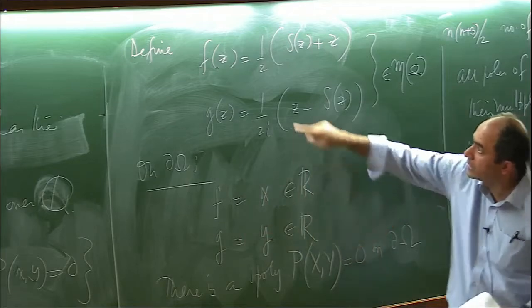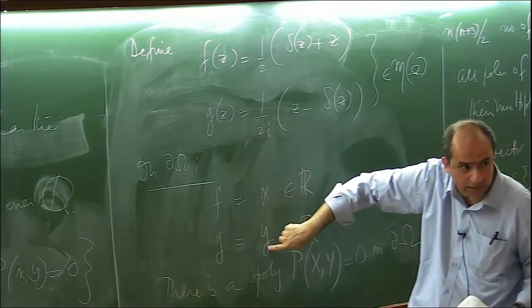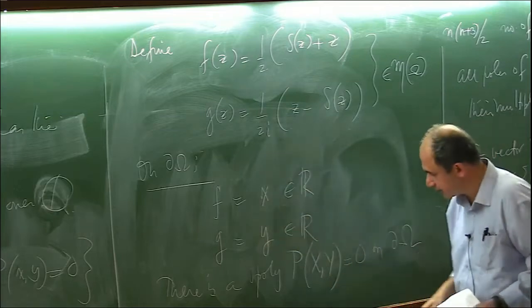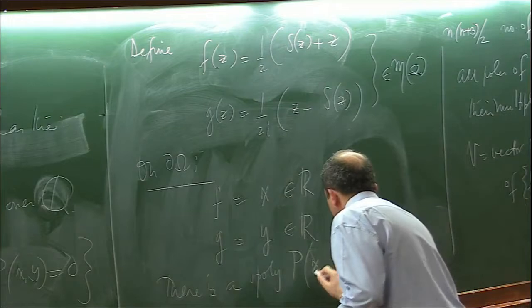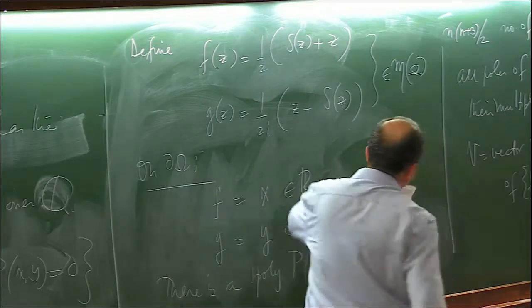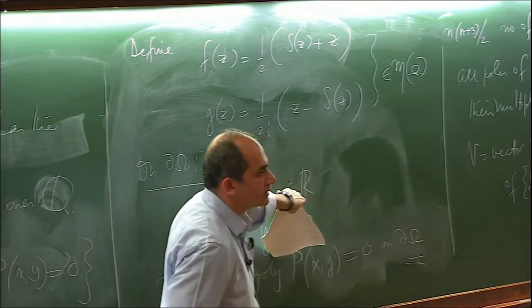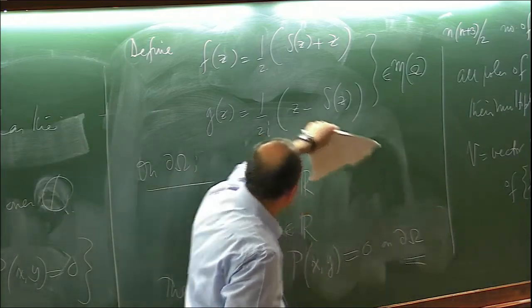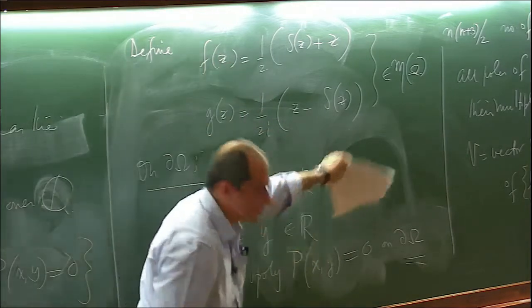But on the boundary, f and g are exactly the coordinate functions x and y. So every point on the boundary satisfies this relation, because (x, y) is exactly equal to (f, g), and p is a relationship between f and g by that theorem.